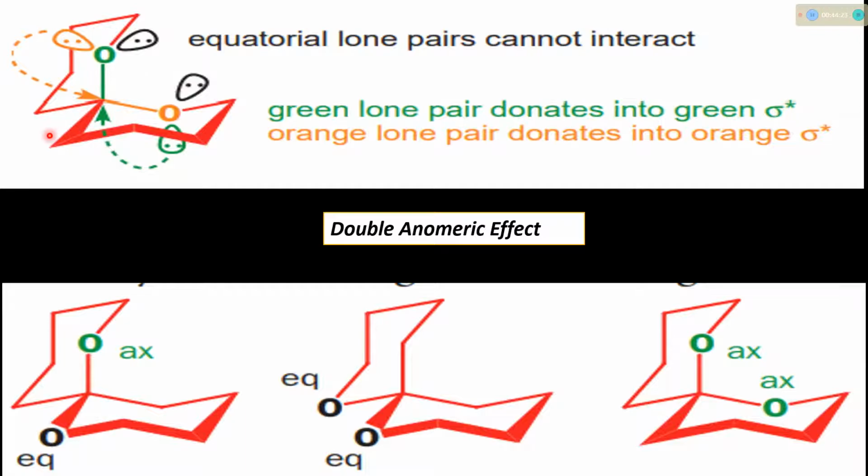So for this cyclohexane, the green C-O is axial, and for this one, the orange C-O is axial. So this is the most stable conformer of this spiroketal moiety.